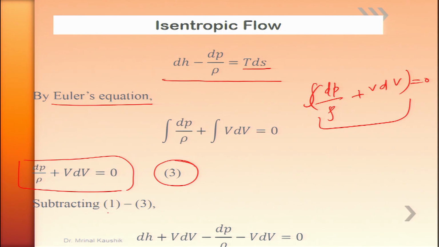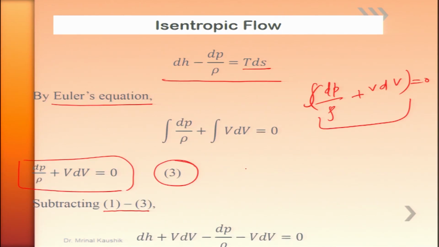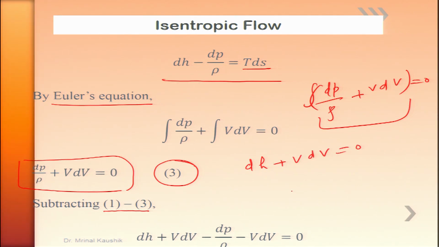Now, I am going to solve these equations 1, 2 and 3. First, my task is to remove some terms. For doing so, I am going to subtract equation number 1 and 3, that is, dH plus V dV minus dP by rho plus V dV is equal to 0.